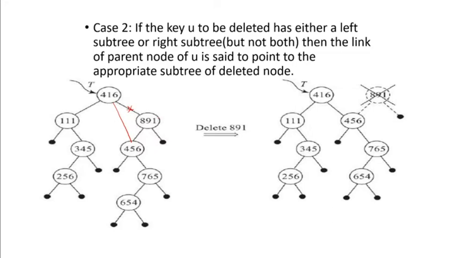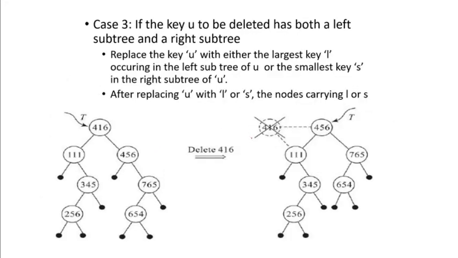Now coming to the third one where I have two nodes. Here I am trying to delete this 416 which has two children. There are two choices for you. First one, you can replace this node with in-order predecessor.